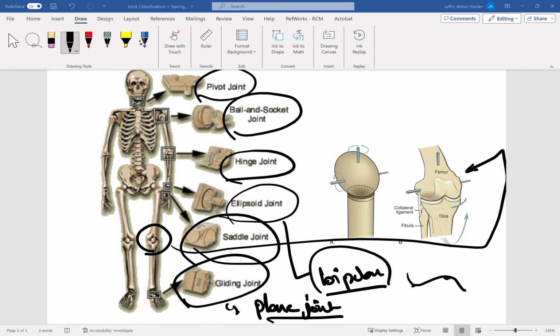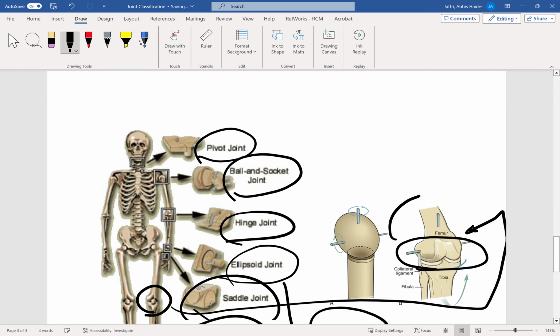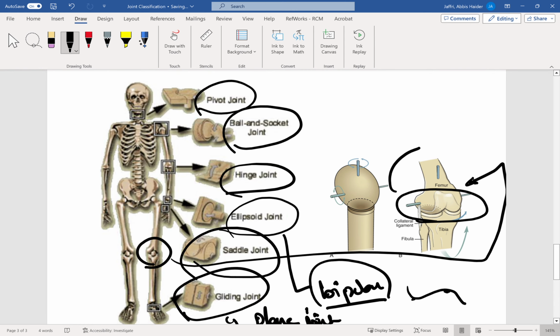So they also have biaxial, biplanar movement: flexion, extension, and abduction and adduction. Okay. So yeah, mostly a spherical convex surface paired with the concave surfaces. The major example is your tibiofemoral joint, and that's part of your knee joint.